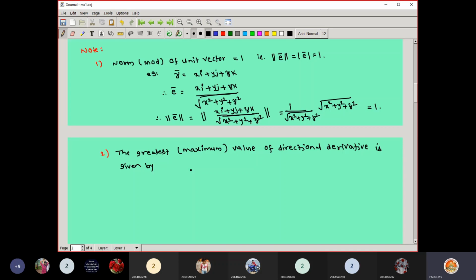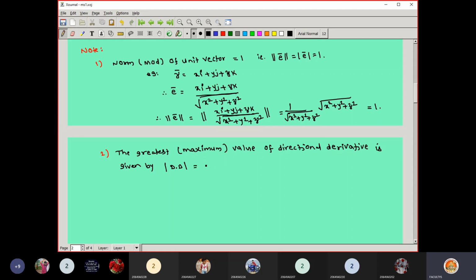It is nothing but the modulus of the directional derivative. So for your calculated directional derivative, you just apply modulus, or you can say norm.